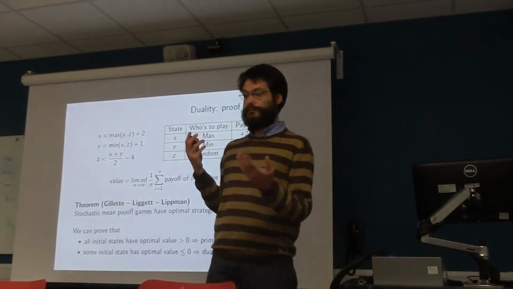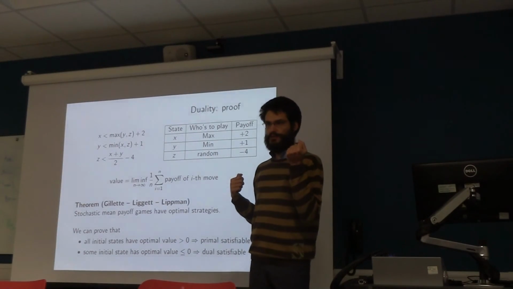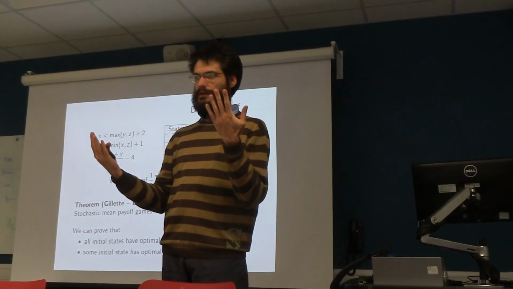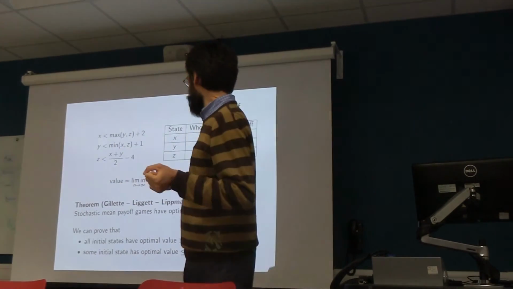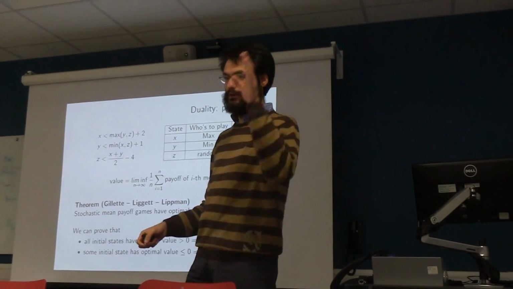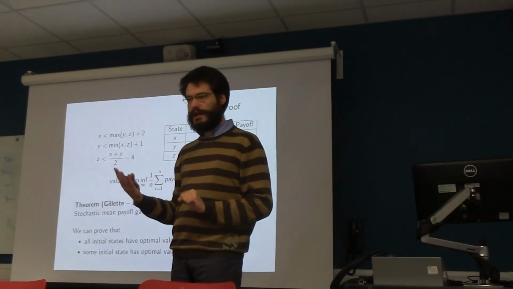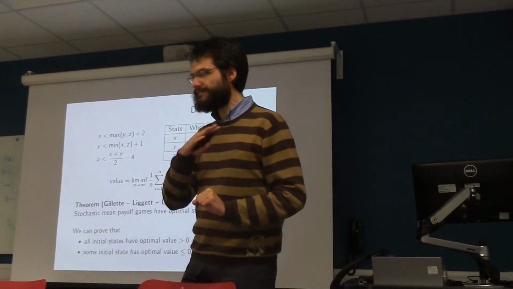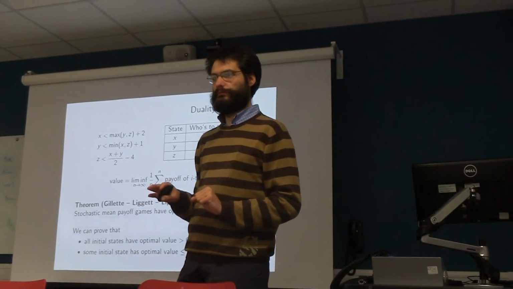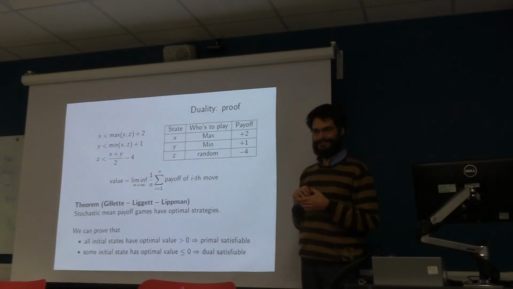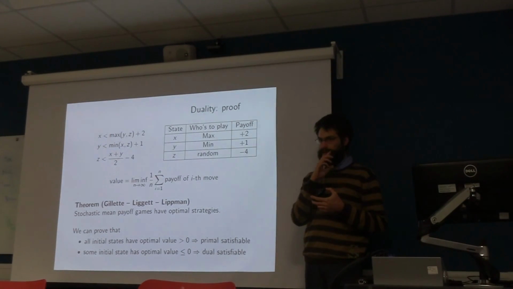So there was this problem: if you have the values, try to find the strategy. If you have a stochastic mean payoff game and you know the value of all positions, try to find the strategy. It turns out that it is as hard as solving the game. So having the value gives you no information on the strategy. Yes, in general. Okay.